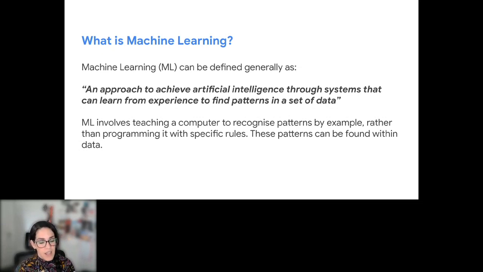And basically, in machine learning, we are teaching the computer to recognize those patterns by giving it sometimes a lot of examples, instead of programming the specific rules, and these patterns are always found within the data. So when I say we want a machine to learn, it doesn't mean that it's just a robot, right?